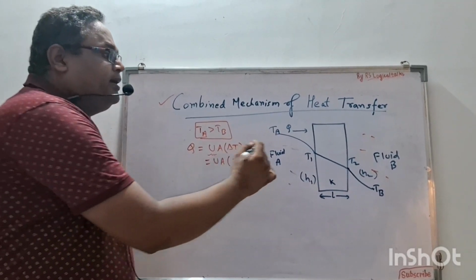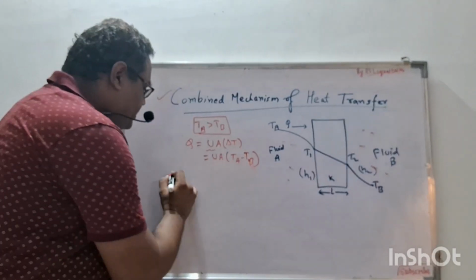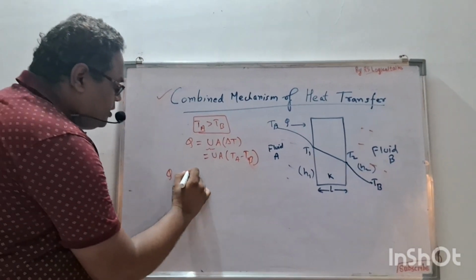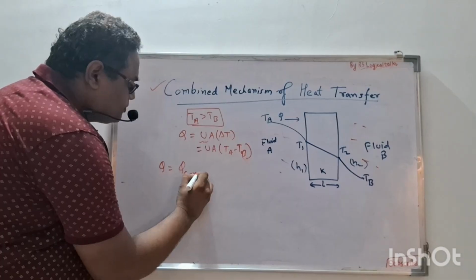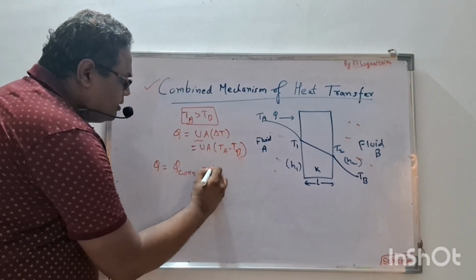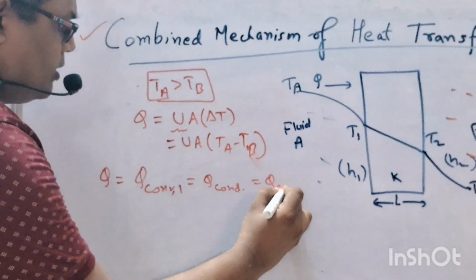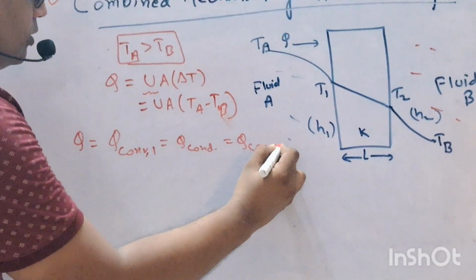So the overall heat transfer rate can be determined by three things: Q convection 1, Q conduction, and Q convection 2.